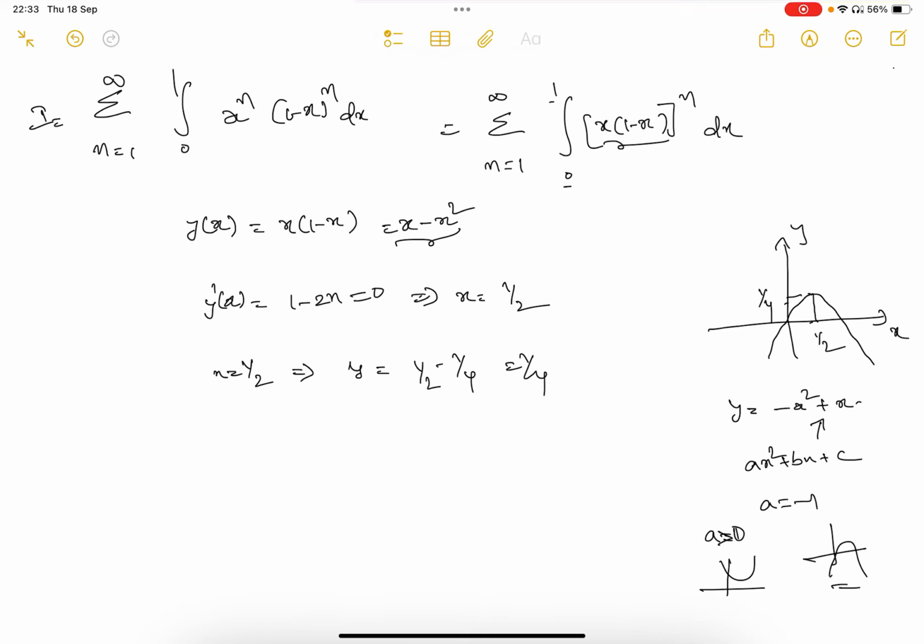So in this limit, the function x into (1 minus x) is in the integral limit 0 to 1.